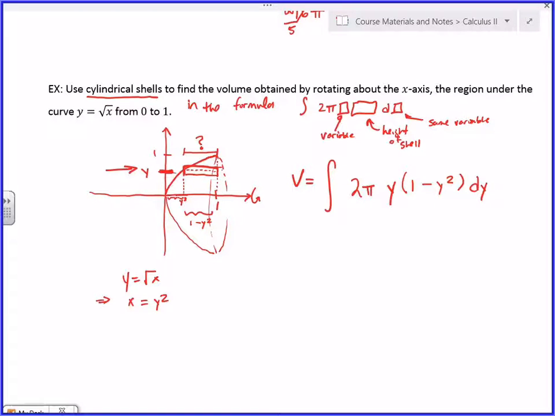What are the limits? What's the range over which this y can slide? 0 to 1. So that's integral 0 to 1, 2 pi y minus 2 pi y cubed dy.